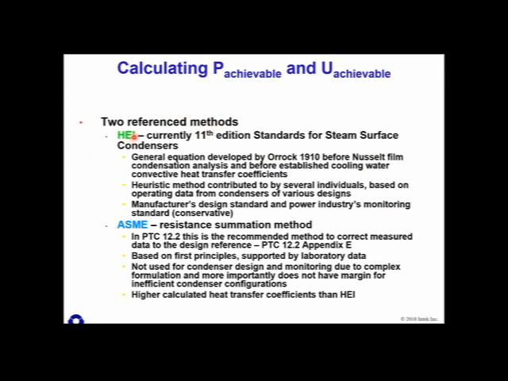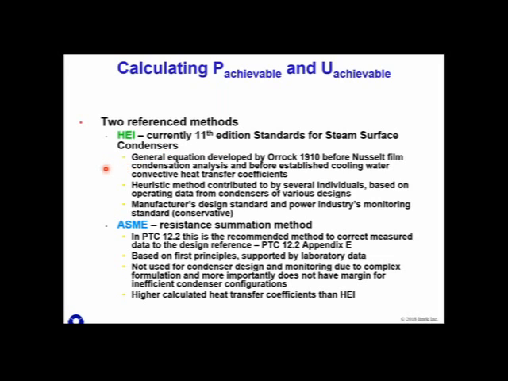Two reference methods, HEI, currently on the 11th edition of Standards for Steam Surface Condensers. You should have access to this book. There's a lot of good information in here, not only on performance equations and monitoring, but also on the standard requirements for building shell and tube condensers and vacuum equipment. There's a lot of really good information in this manual.